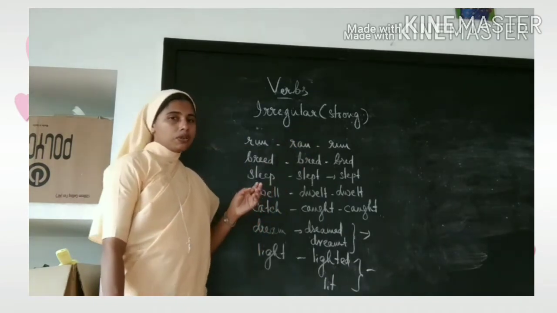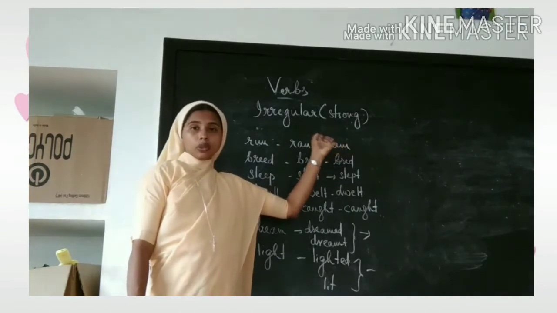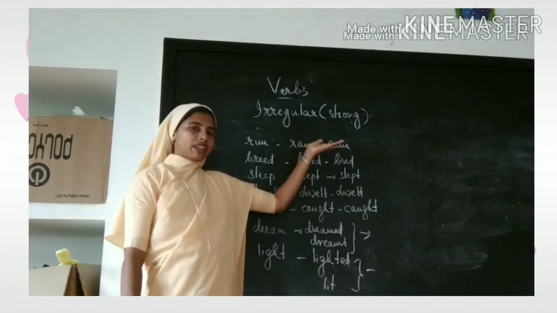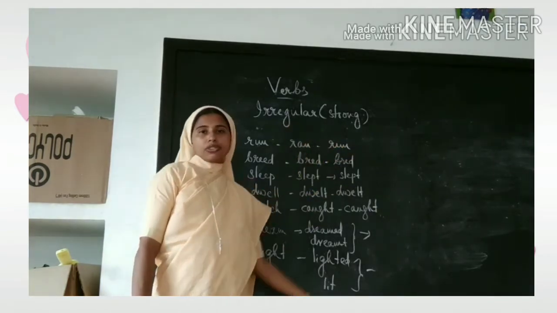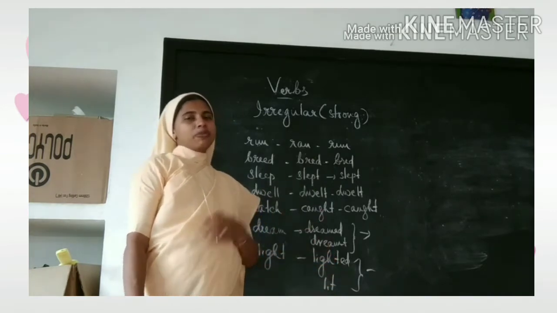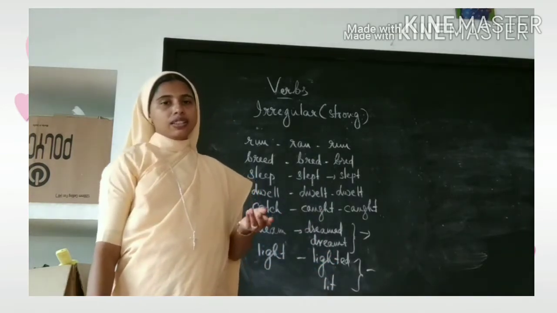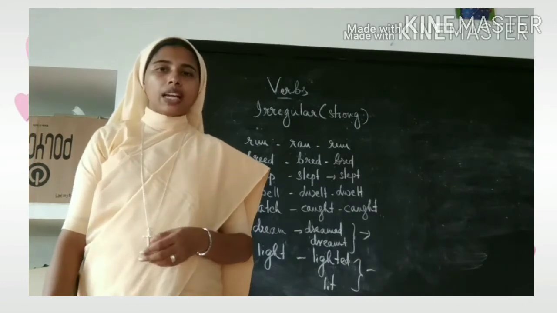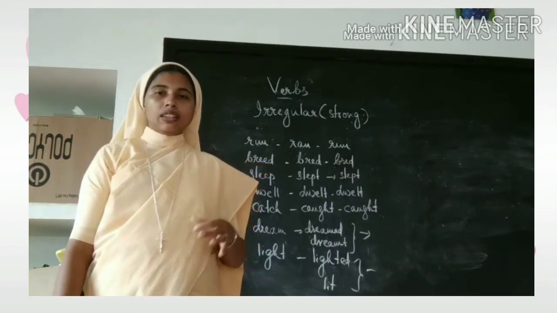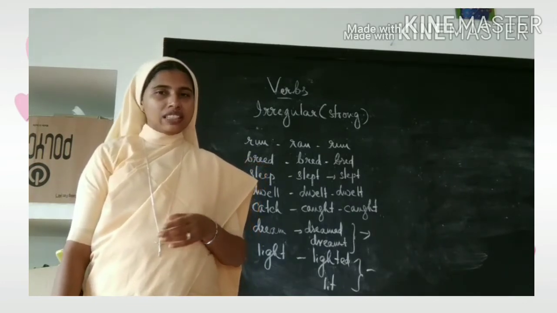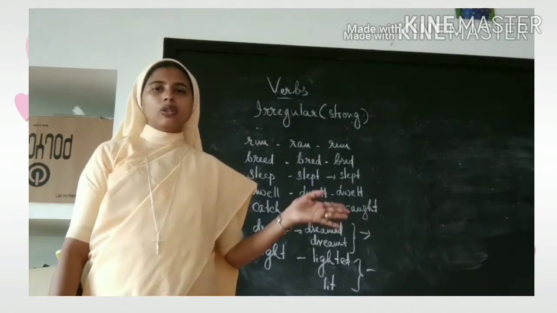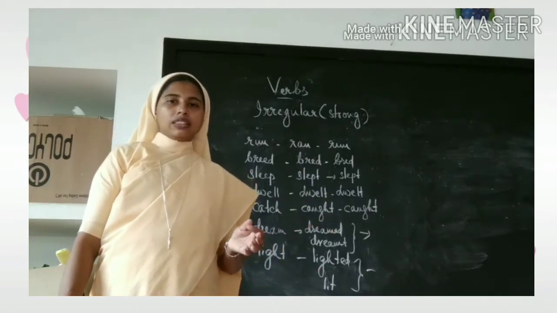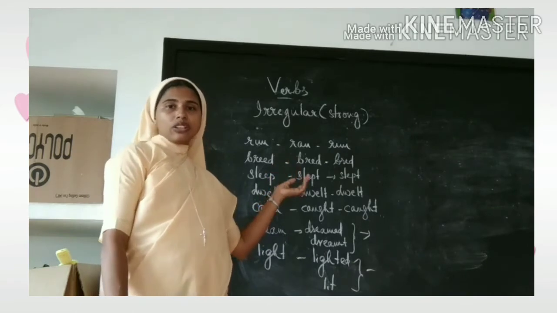For irregular verbs, there is no particular rule to make their past and past participle form. There is a mistake in your textbook that it is given as regular verbs can be formed by using ed, d or t. But the t is not included in regular verbs. And t will be included in irregular verbs only.